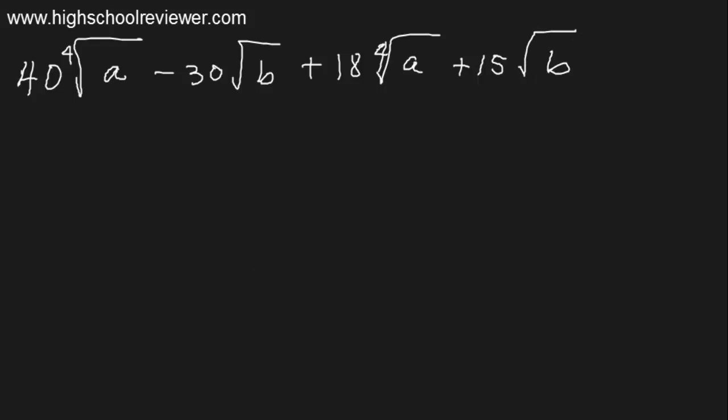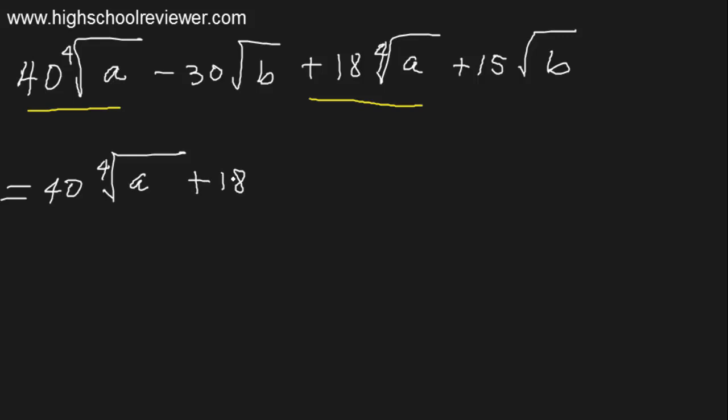Now remember that we can only add radicals with the same radicands. Okay, so we can add 40 and the fourth root of a, as well as plus 18 and the fourth root of a.